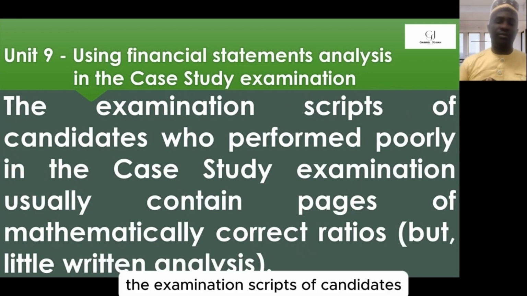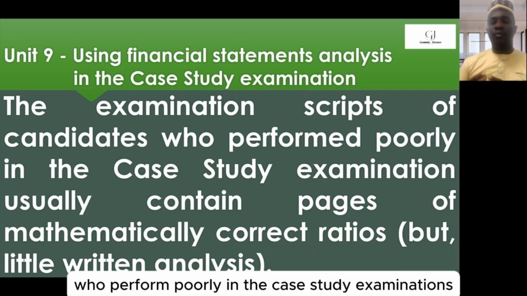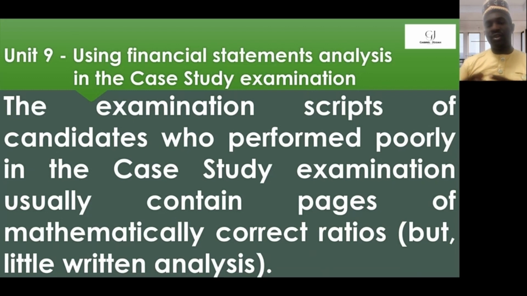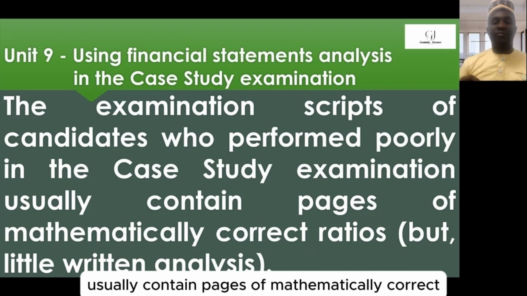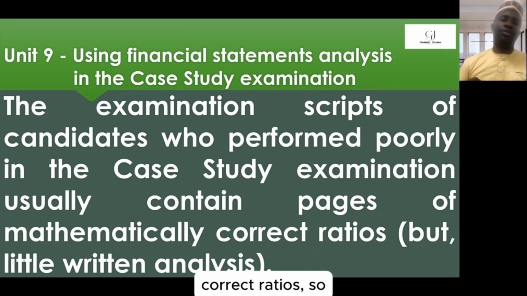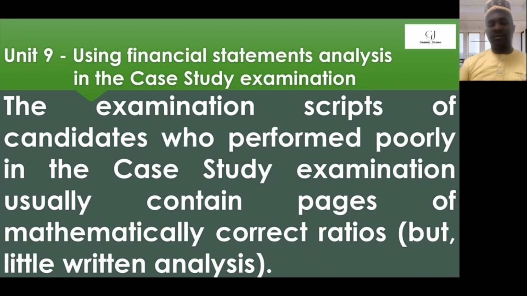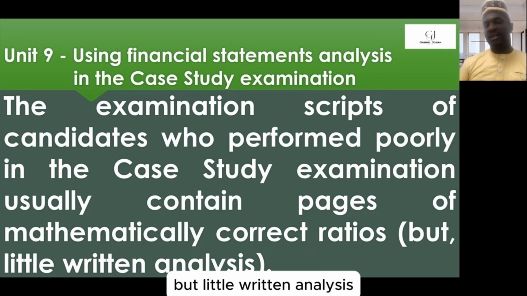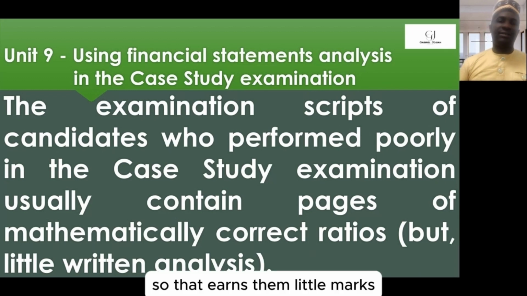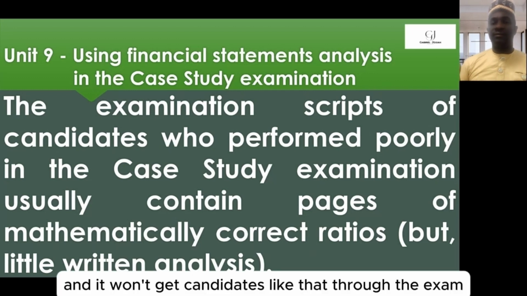The examination scripts of candidates who perform poorly in the case study examinations usually contain pages of mathematically correct ratios. Most of the time, numbers are correctly calculated, but there is little written analysis. That earns them few marks, and it will not get candidates like that through the exam.